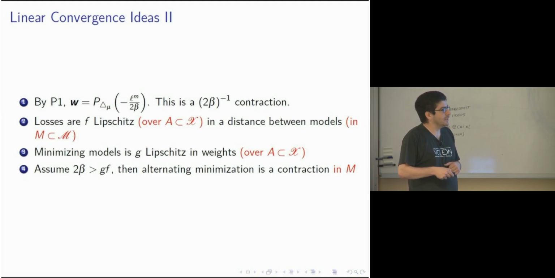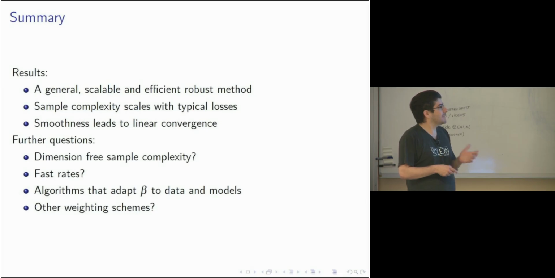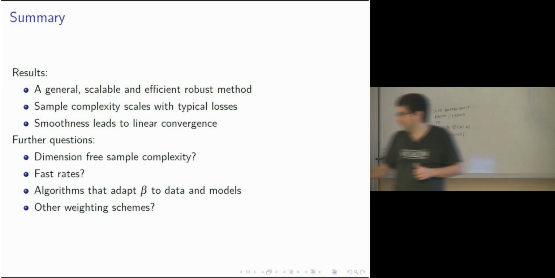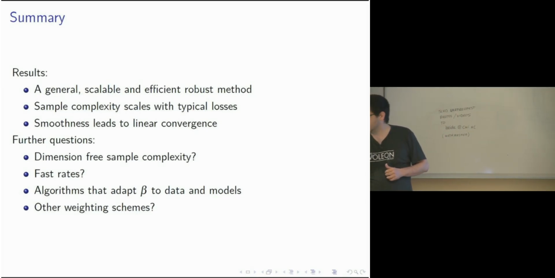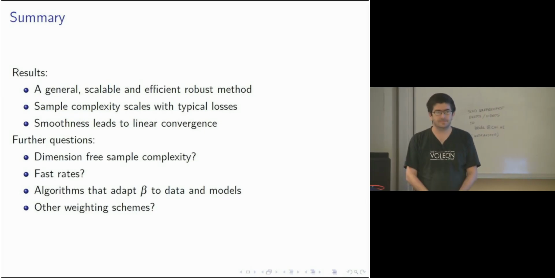And in that case, we still get a contraction in M, and then we find an optimum which is the best available in M. So in particular, it can ignore outliers and still converge quickly. And that's it. That's all I want to say.